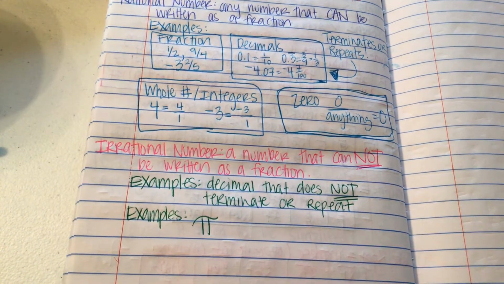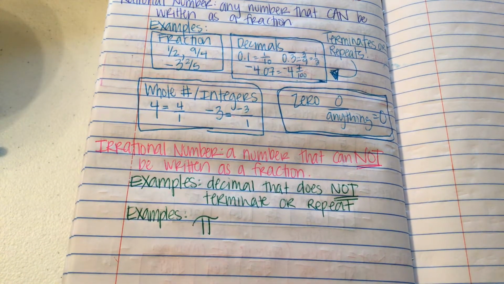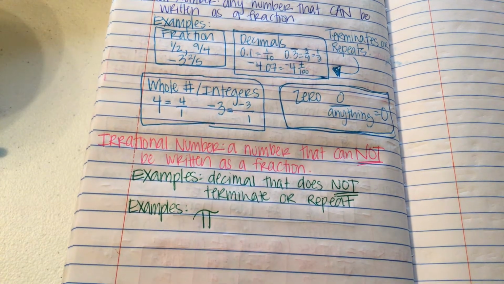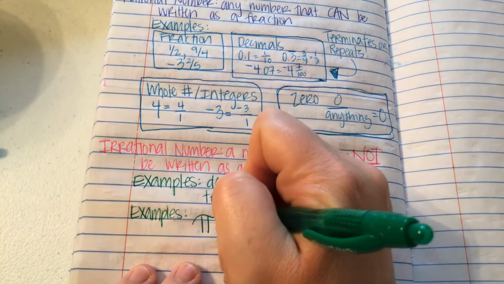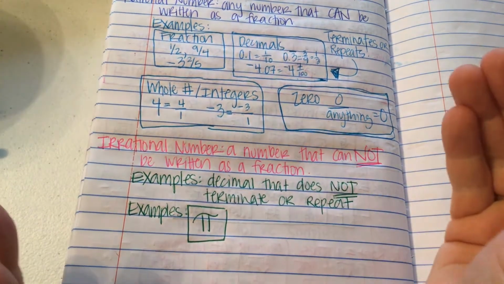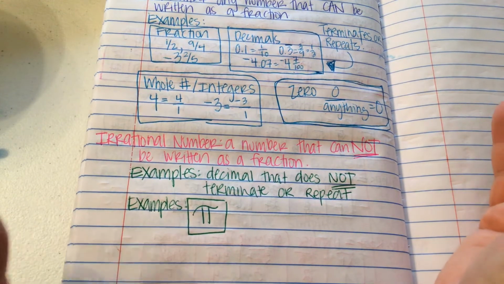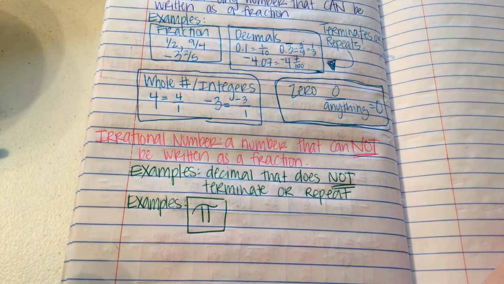Pi never ends and never repeats. It goes on and on forever. That's why we use this symbol for the number, because there's no way to know what the value is. Pi is irrational. There is no known ending value.